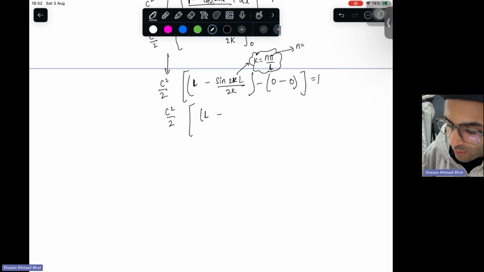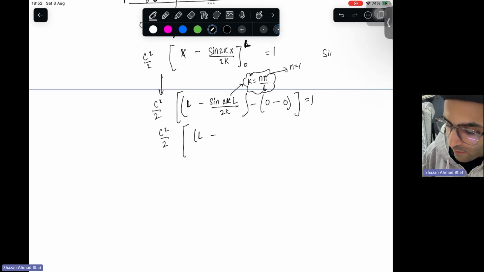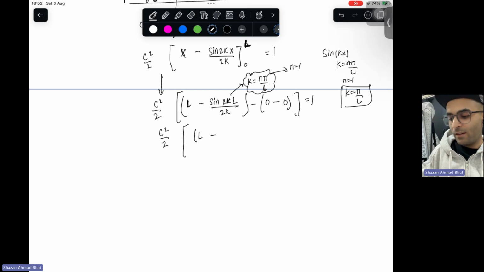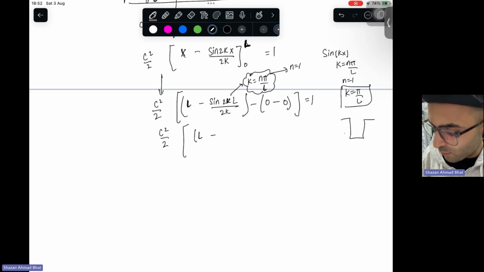And here n is equal to 1, because sine of kx is for k equals n pi by L. If n is equal to 1, you get k equals pi by L. That is the first energy level in the potential well, the n equals 1 energy level, where you get this particular solution.